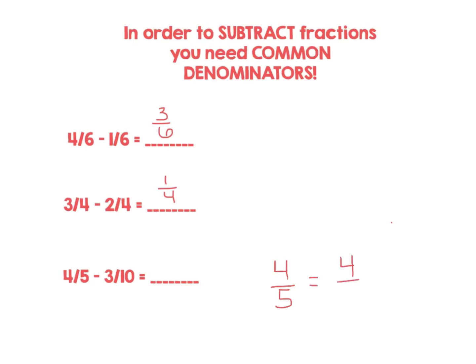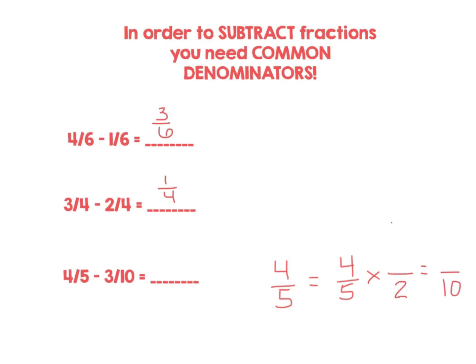So 4/5 times something is going to give me a fraction that has 10 in the denominator. I'm going to ask myself, 5 times what is equal to 10? 5 times 2 is equal to 10.